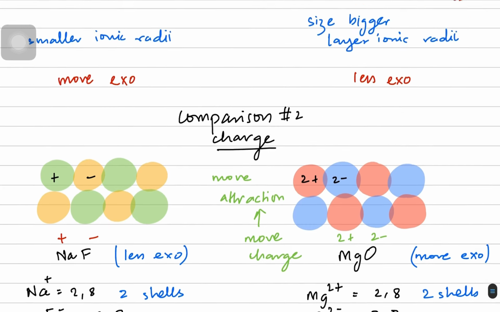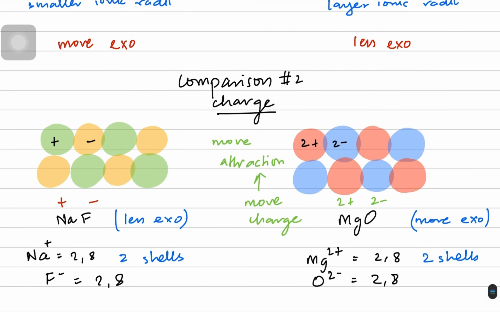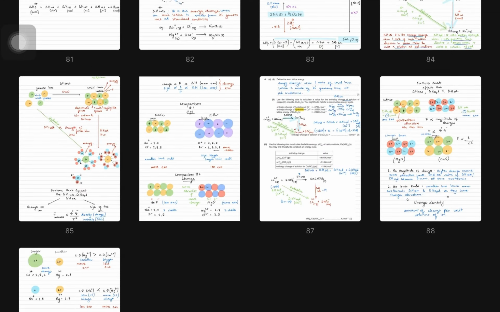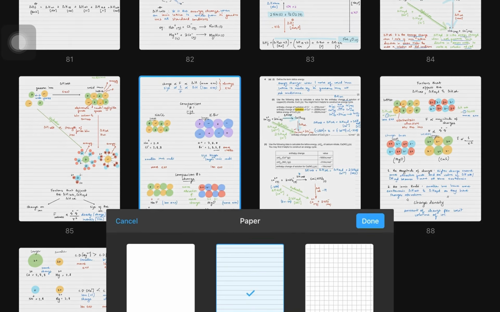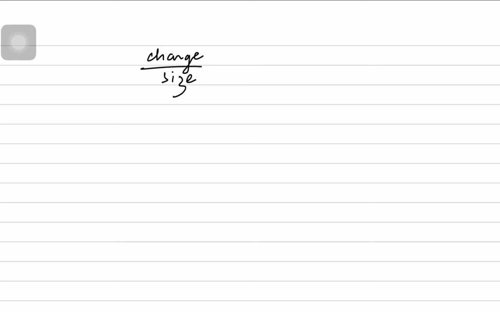The charge and the size together give us a value known as charge density. Let me add another sheet over here. These two things, the charge and the size, which are the factors that govern my forces, give us a value known as charge density.